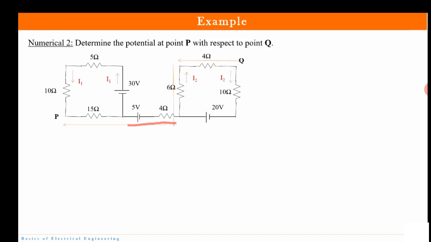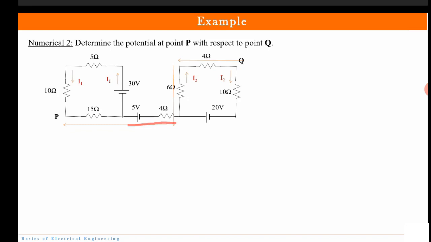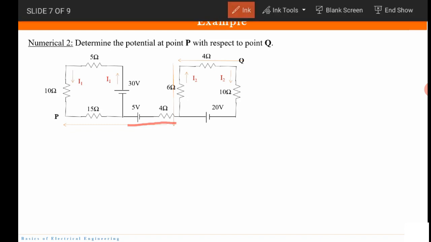Here the direction is mentioned. We have found out the current, now we have to calculate the potential. The path we have taken for the potential at points P and Q is moving from Q to P. See, the arrows are shown.